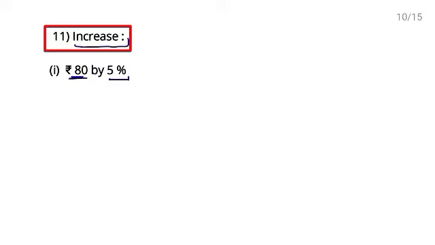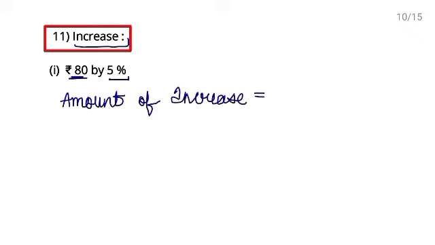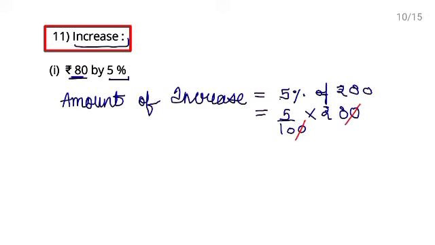It means we will find the amount of increase they have given, 5% of ₹80. 5% means 5 out of 100 multiply ₹80. 0 to 0 cancel out, 2 4s are 8, 2 5s are 10, 5 1s are 5. So the amount of increase is 4 1s are 4 rupees.